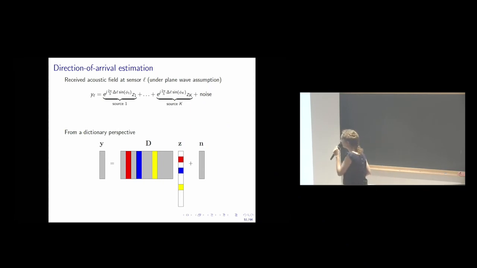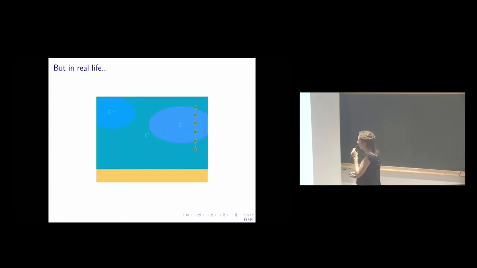Okay. This is when everything is okay, when your ocean is stable, but things are not so easy. In real life, your wave will be confronted with different parts with different speeds of sound. So sometimes your sound will be accelerated, and sometimes it will be decelerated. So at the end, on your antenna, you will get something which can be misleading, actually.